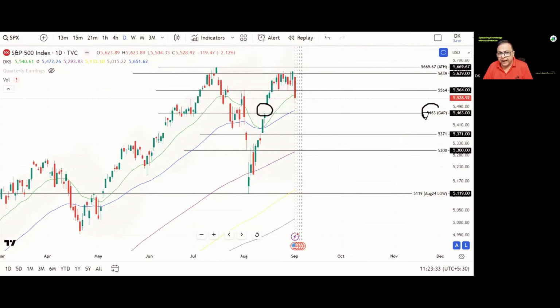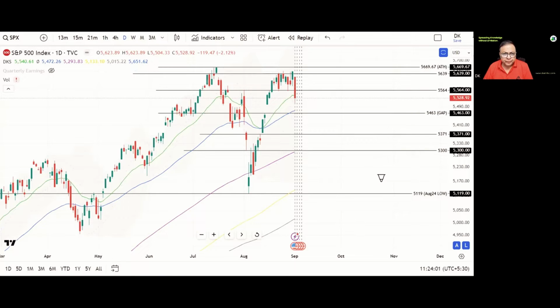So the gap is at 5,463, which itself becomes the intermittent support in the market, because it has a confluence of EMA 55, which is a very important dynamic support. So this is quite matching with the EMA 55 if we consider the price action gap versus the placement of EMA 55 on the price chart.